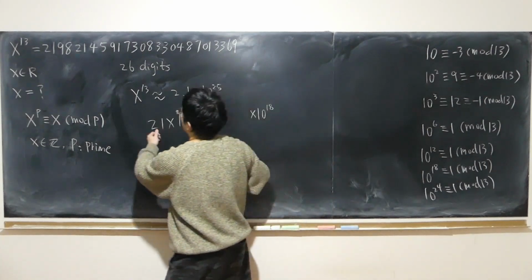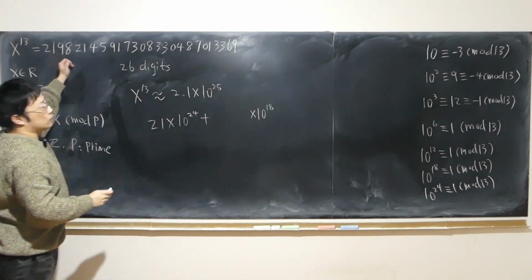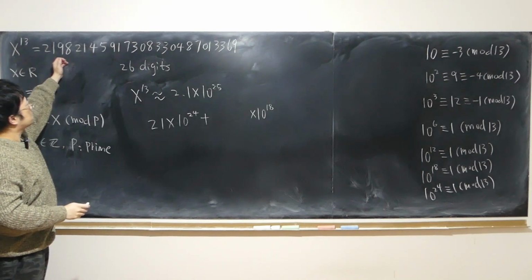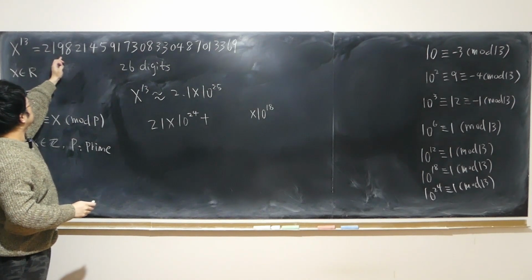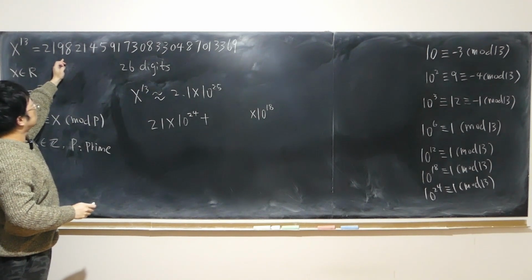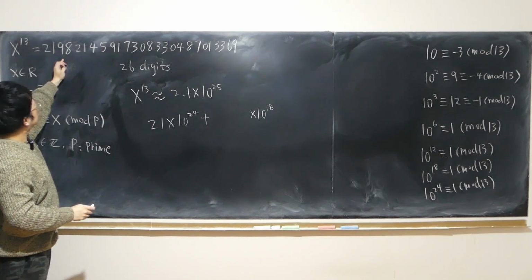After using 21, I have 24 digits left. 9.8 times 10 to the power of 23.